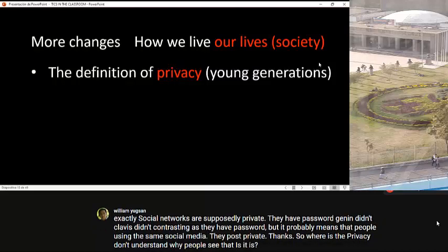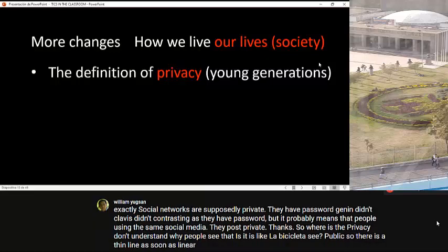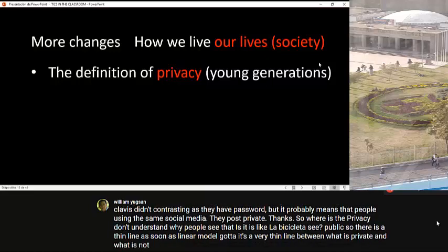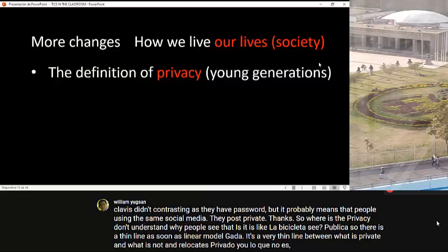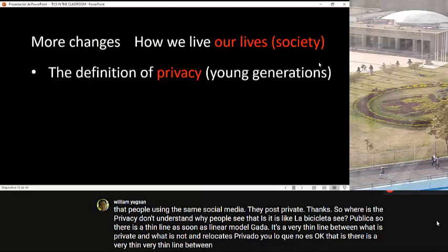Es la clave secreta, sí, pero al mismo tiempo la gente publica y postea cosas muy privadas. So there is a thin line, es una línea muy delgada, between what is private and what is not. Entre lo que es privado y lo que no es.